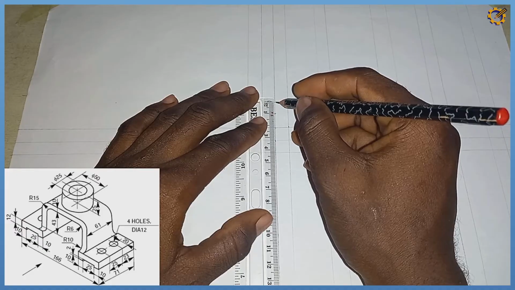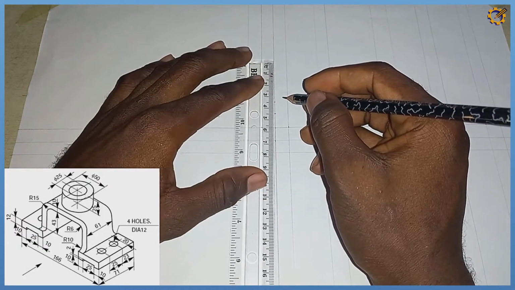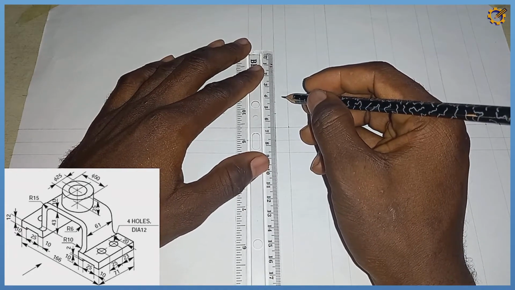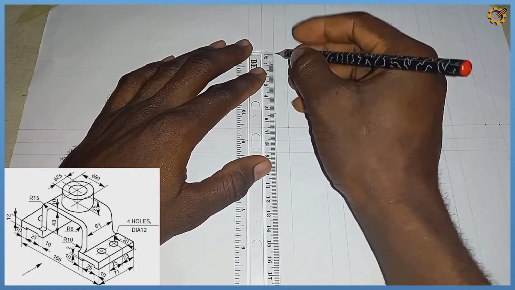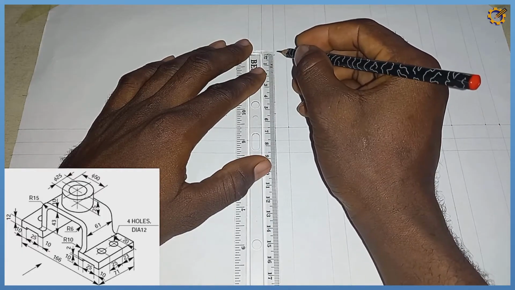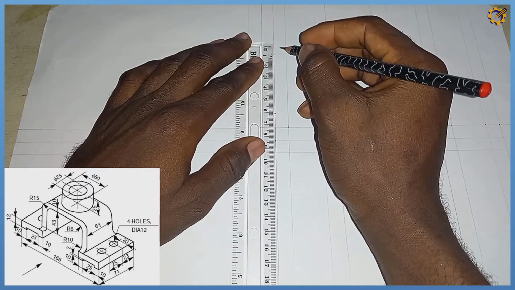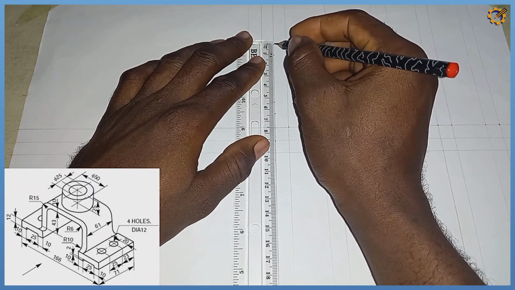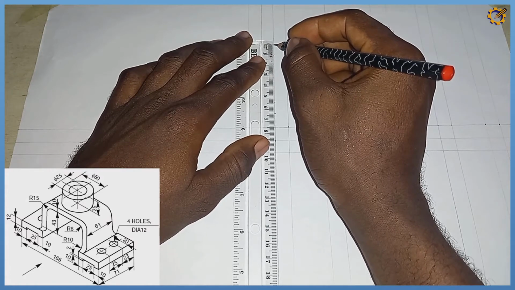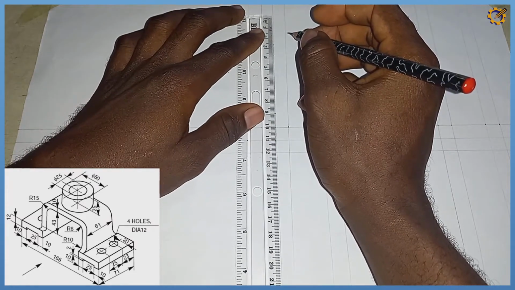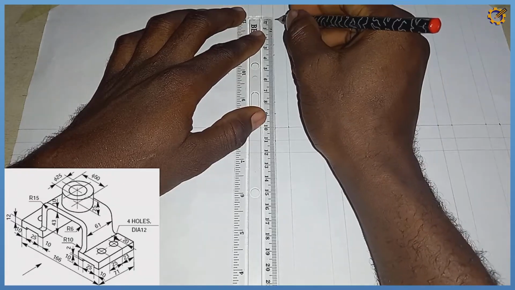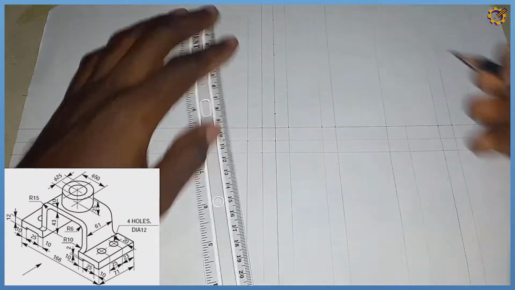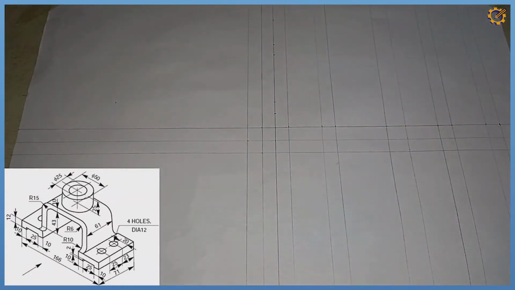After the mark of 10, we have a mark of 43, which is this mark of 43. Then another mark of 10, which is this. For the cylinder at the top, the height is 25, which is this.